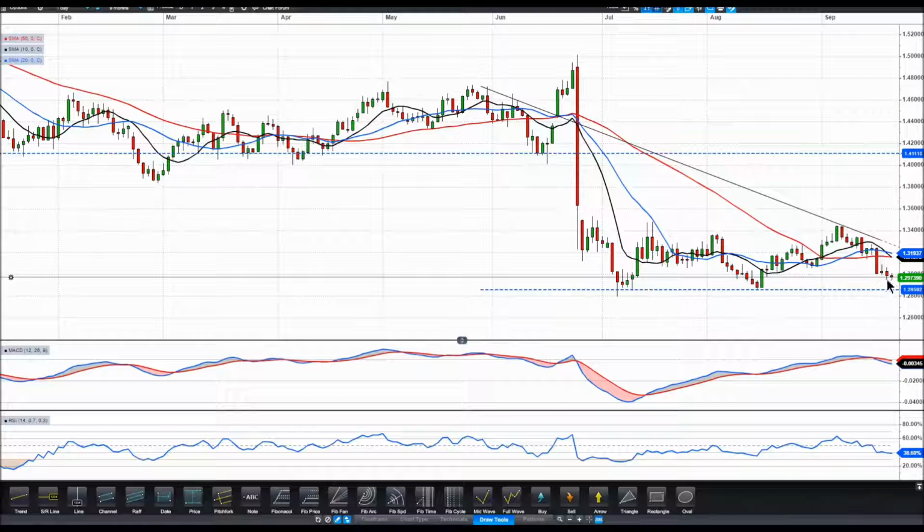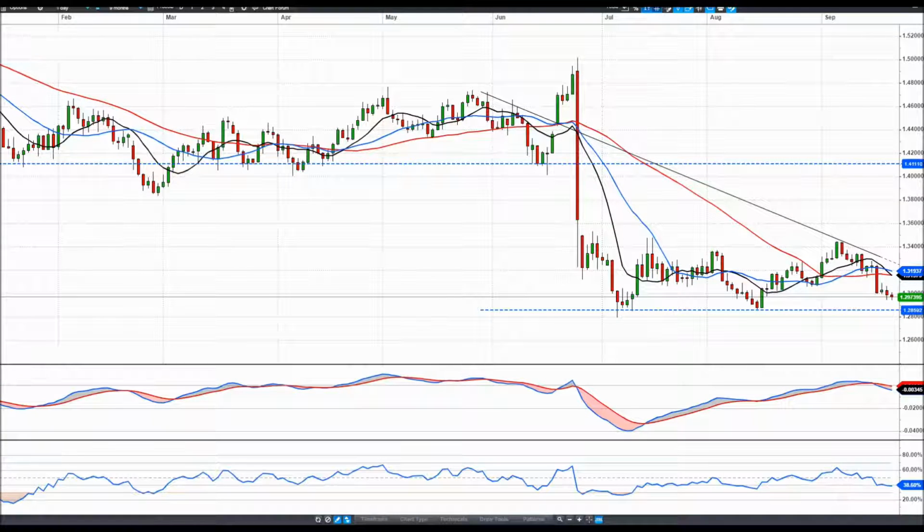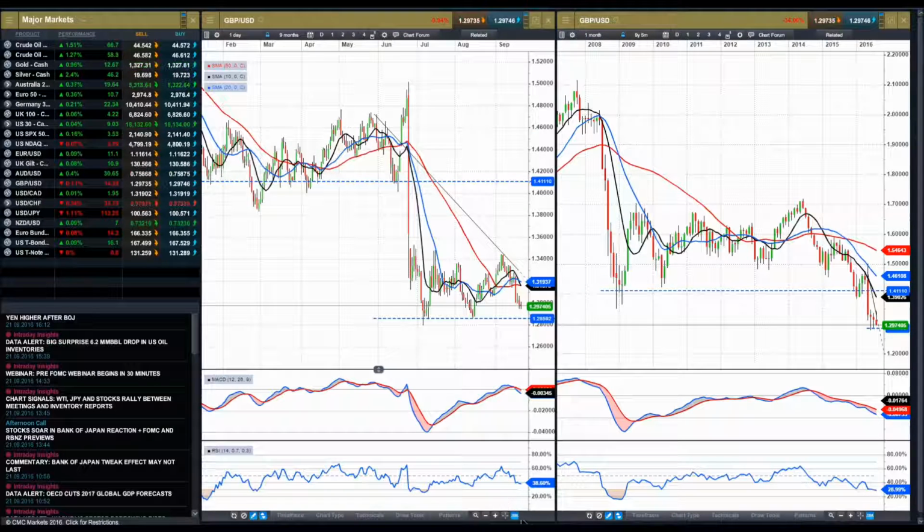So I wouldn't be at all surprised if the market finds support here and continues in this range for a period of time, certainly until we get some clear indication on the process and timing of the Brexit process to leave the EU.